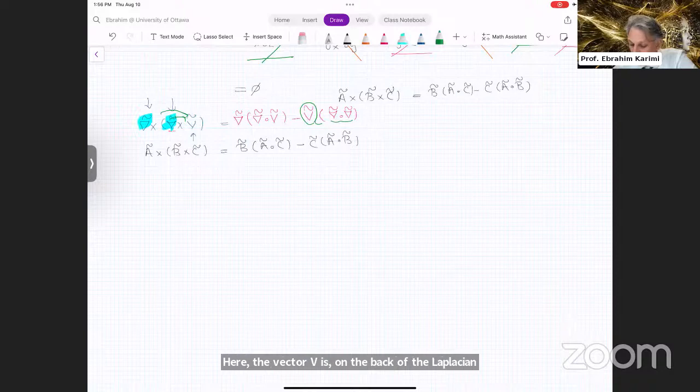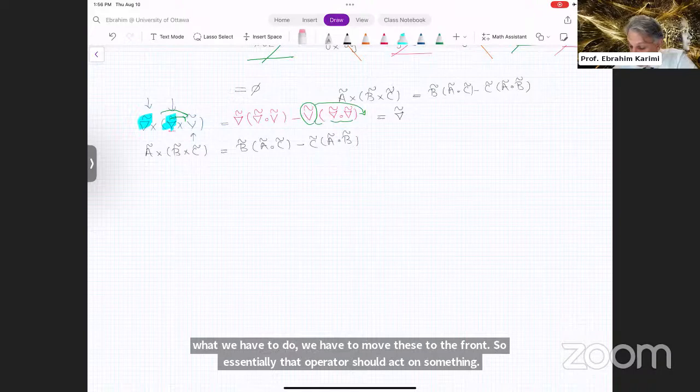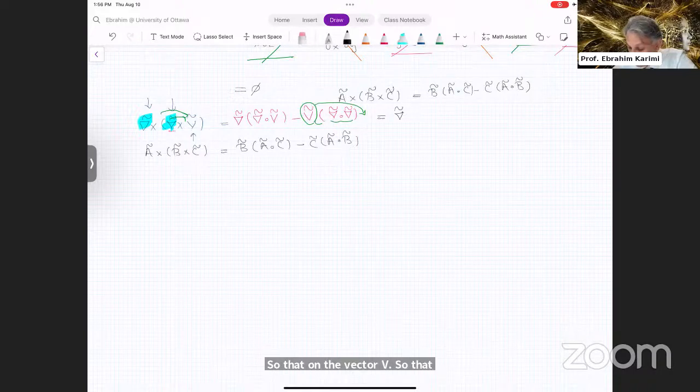So what we have to do is move these to the front, so essentially that operator should act on something, so on the vector V. So we can write them down as a divergence of V minus del dot del, which is Laplacian acting on V.